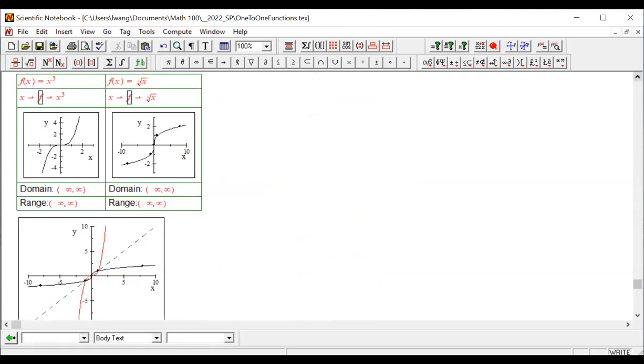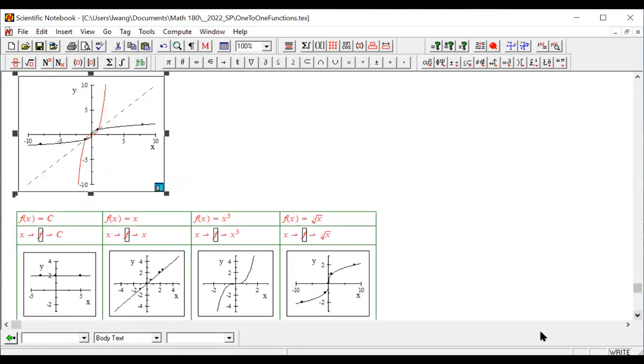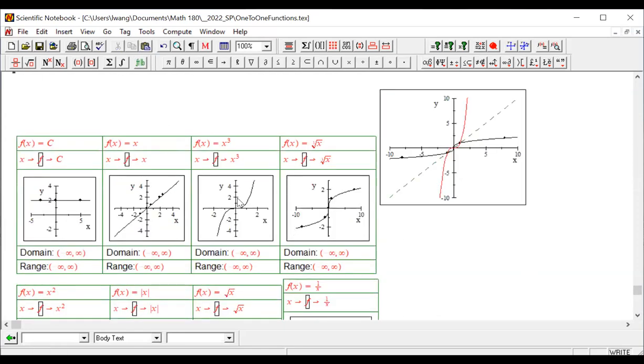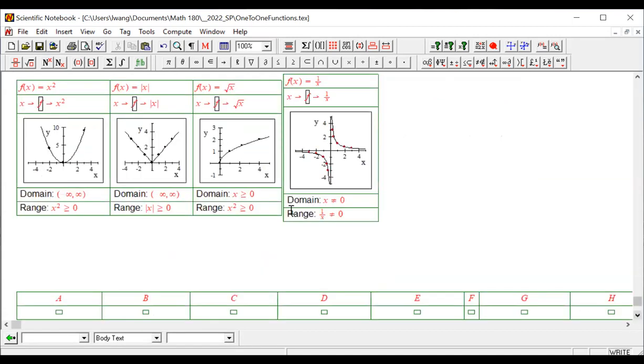Okay, so I'm going to bring that picture over here. Right here. They're inverse to each other, right? These two are inverse to each other. And this one has no inverse, and this guy has an inverse.